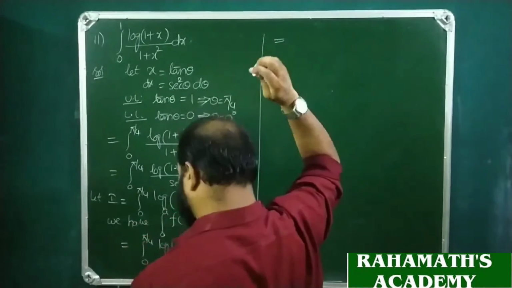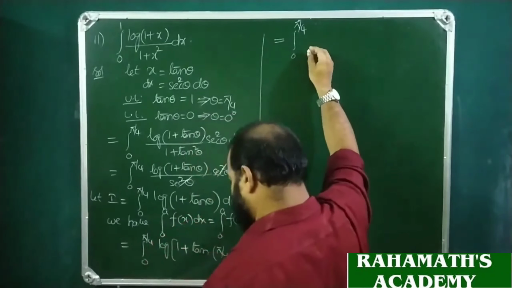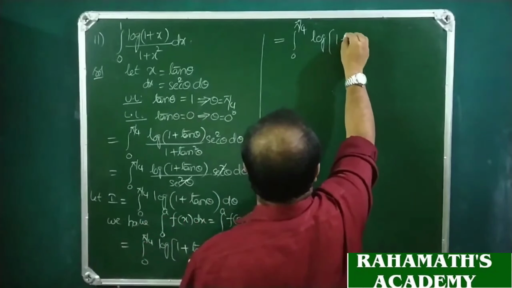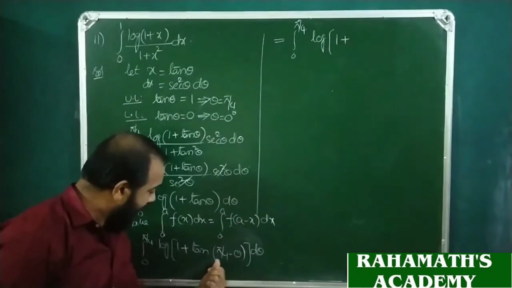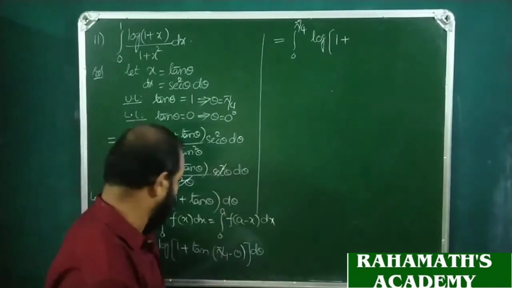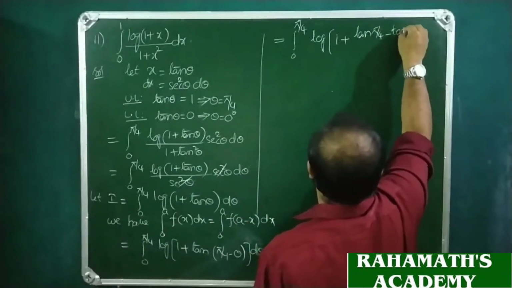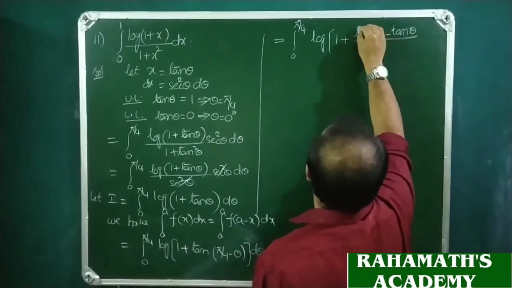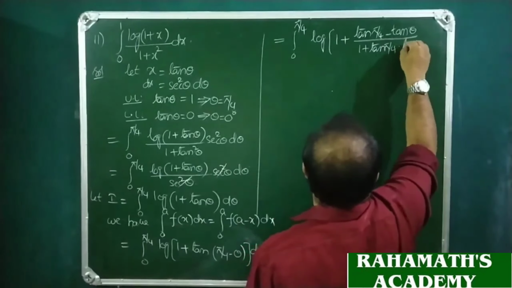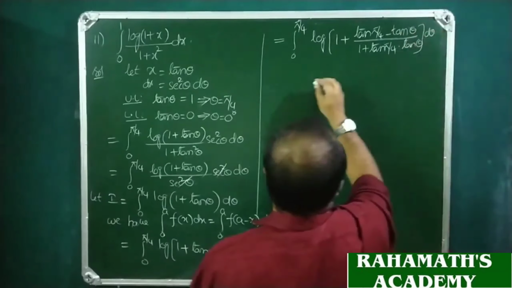That equals integral 0 to pi by 4 of log(1 plus ...). We are all familiar with tan(a minus b) equals (tan a minus tan b) by (1 plus tan a tan b). So (tan pi by 4 minus tan theta) by (1 plus tan pi by 4 into tan theta) d theta.